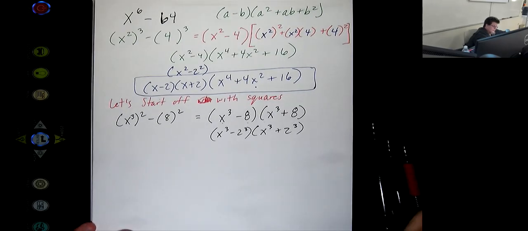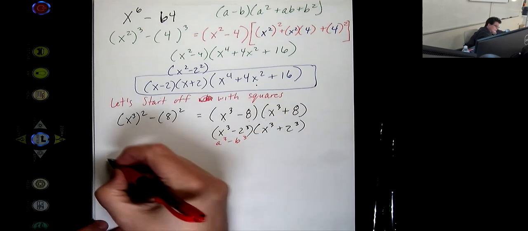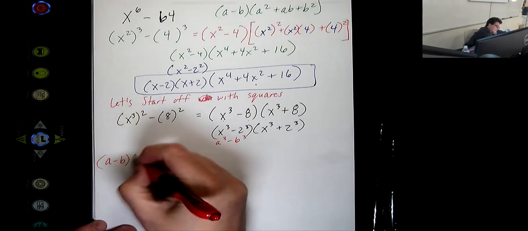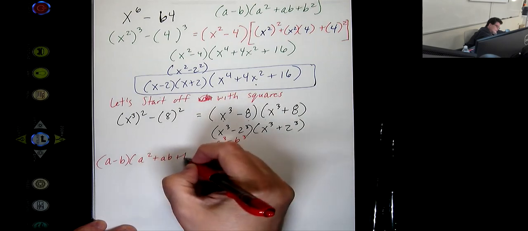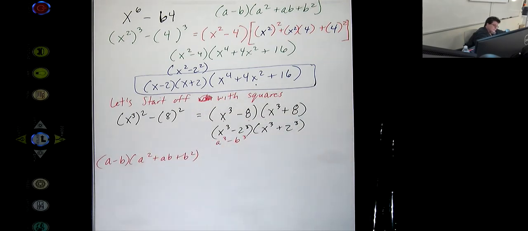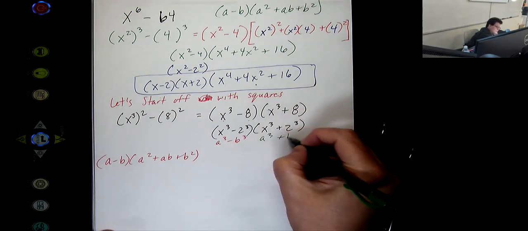So maybe I'll use 2 different colors here. Let's do this: a cubed minus b cubed. That'll give me a minus b times a squared plus ab plus b squared. And then maybe I'll use green for the other one. A cubed plus b cubed.